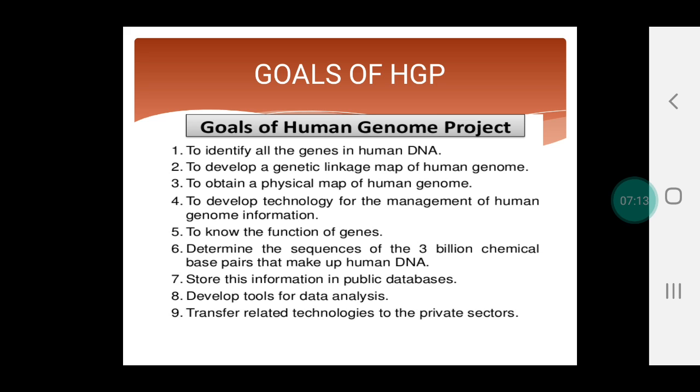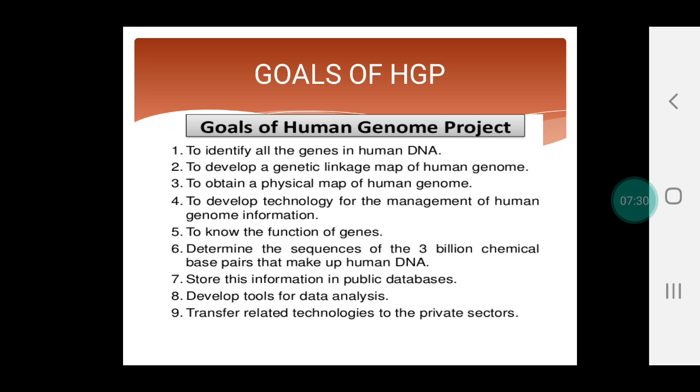So the HGP involved mapping and sequencing genomes from a number of model organisms, which include E. coli, then Drosophila, then you can say yeast.